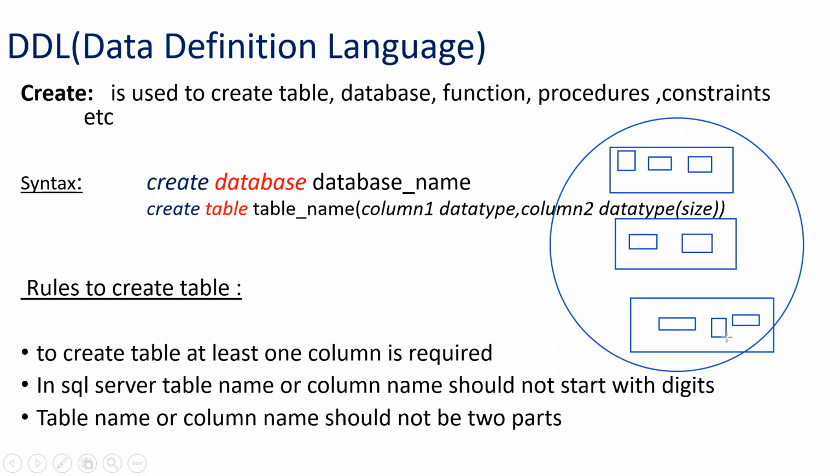Different tables means, for example, this is a college server or college database related thing. In the college server, let's say this is the faculty table. This is the student table. Let's say this is transport or NSS or NCC.